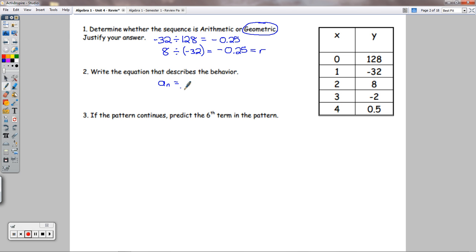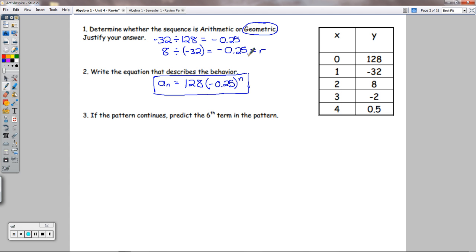I'm saying 128 is my initial value. I know my ratio from here was negative 0.25, and then I know that I'm writing n and then minus whatever this number is. Since it's 0, I would write n minus 0, or I could just leave that as n, more preferably. Since you're just subtracting 0 from n, we can just leave it as n.